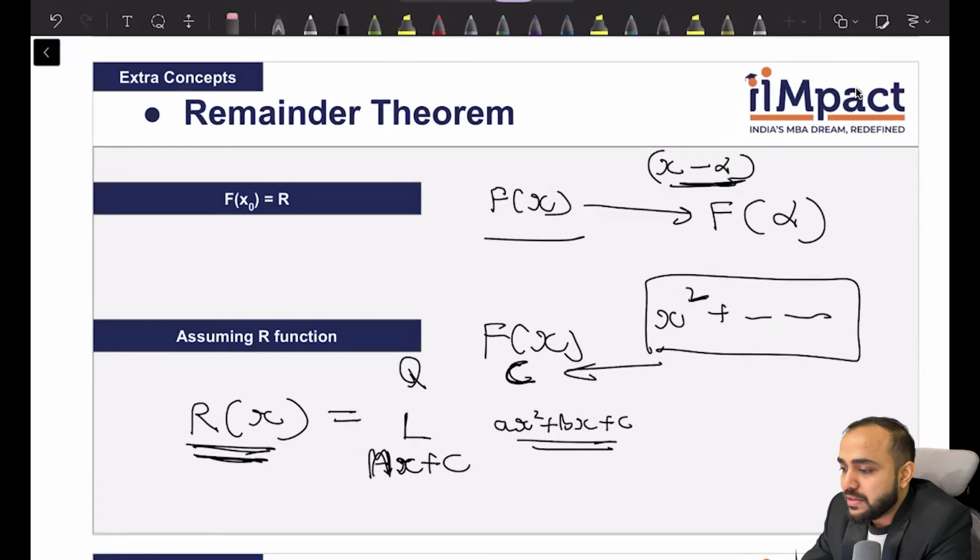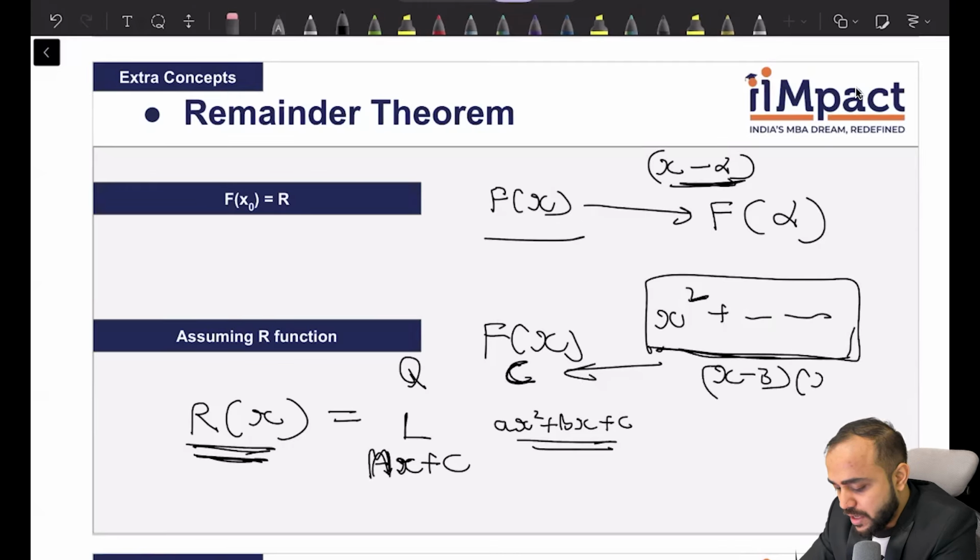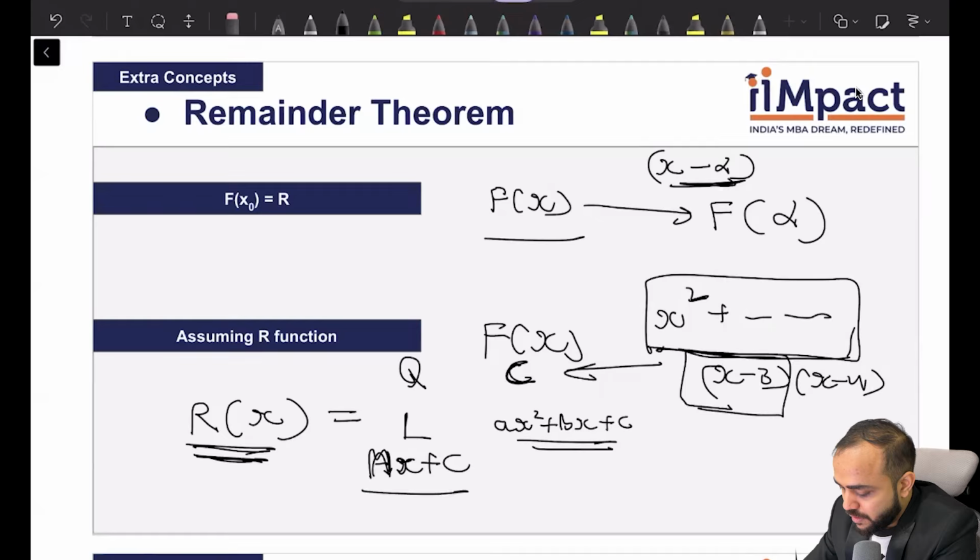Once you have done this, you will then start putting the roots. Let's say they were dividing with x minus 3 into x minus 4. You put the value of x as 3, you will get one remainder as 3a plus c. You will then put x is equal to 4, you will get another equation.